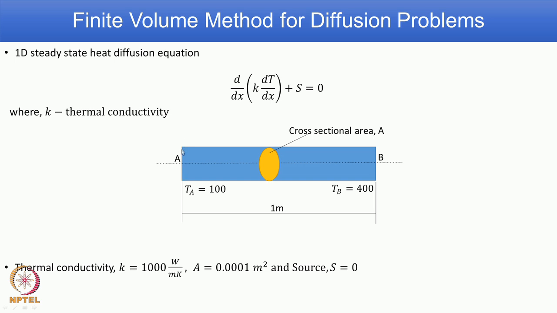The left boundary, which is referred here as A, has temperature given as 100 Kelvin. Similarly, the right boundary, which is referred here as B, has temperature 400 Kelvin. The distance between left boundary and right boundary is given as 1 meter.